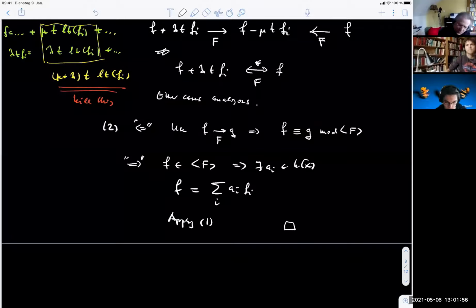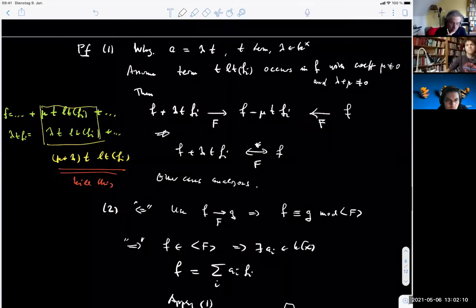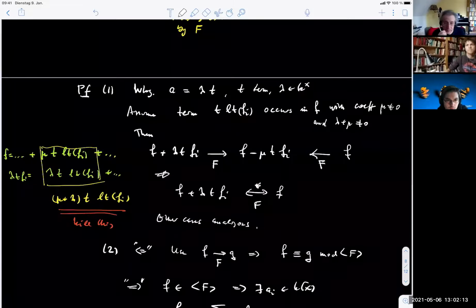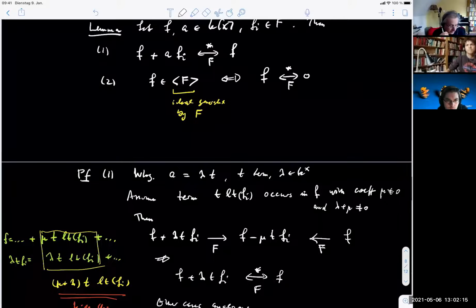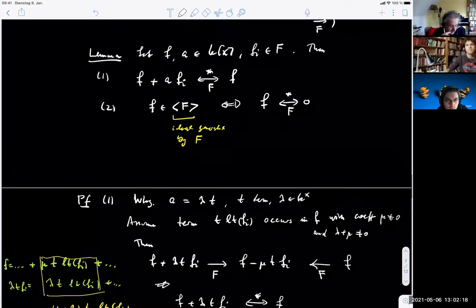Right. Any questions on that? Doesn't the second part also follow from this, f congruent g, directly? If we have that f is in the ideal, then f should be congruent to 0 modulo capital F, and isn't that directly implying that f reduces to 0?